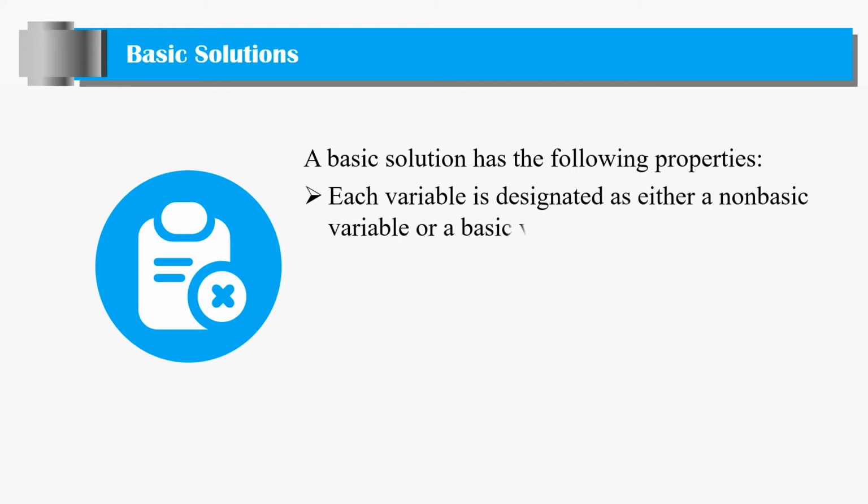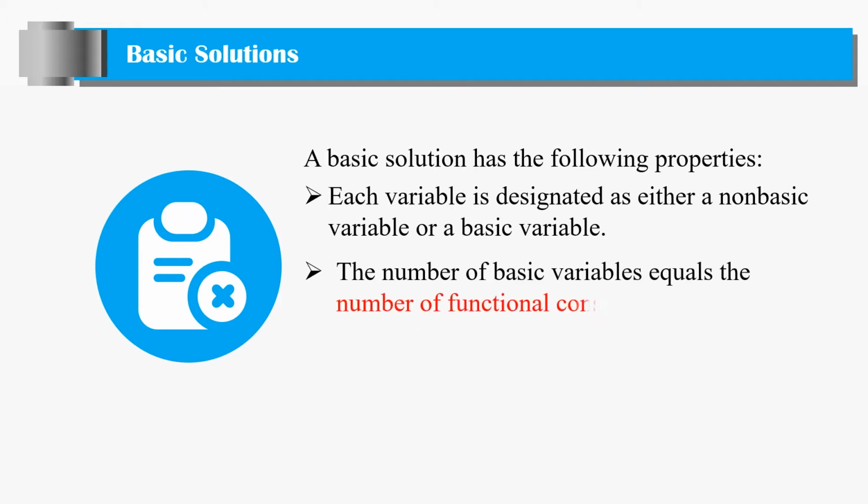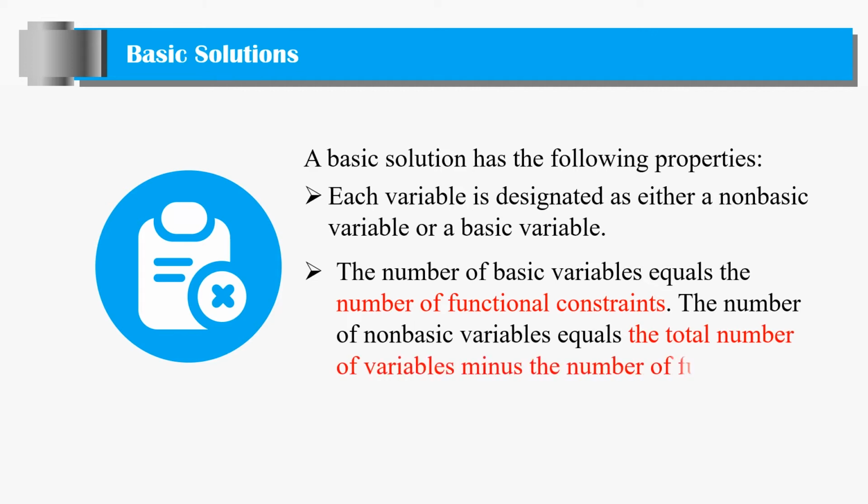First, each variable is designated as either a non-basic variable or a basic variable in the system. Second, the number of basic variables equals the number of functional constraints. The number of non-basic variables equals the total number of variables minus the number of functional constraints, as we defined earlier.